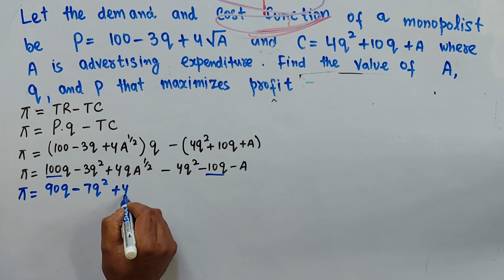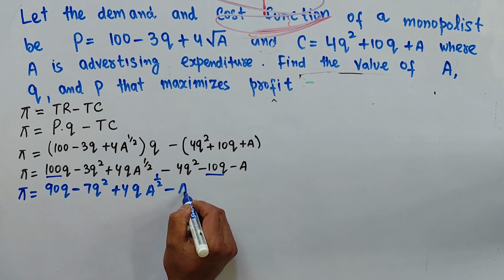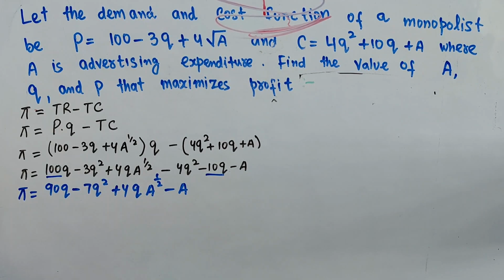Then we have plus 4QA^(1/2) minus A. This is the profit function of the monopolist.